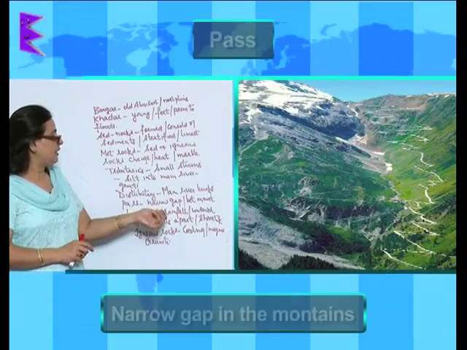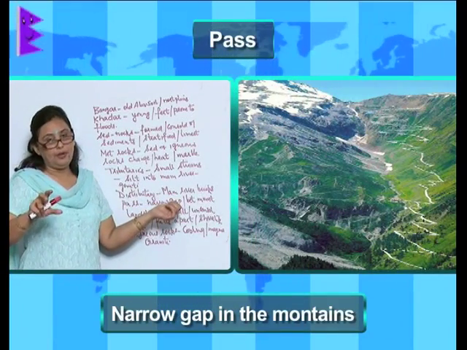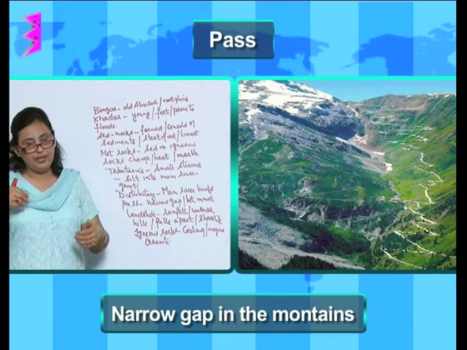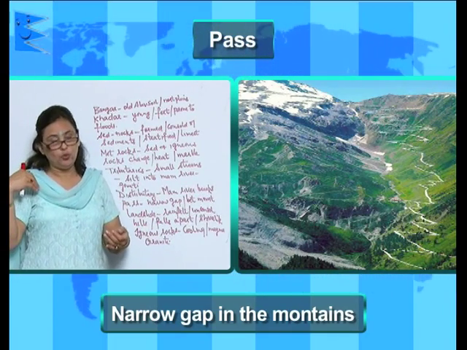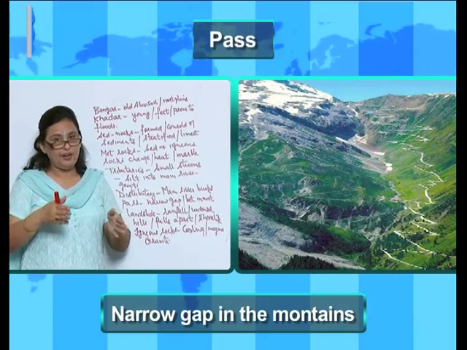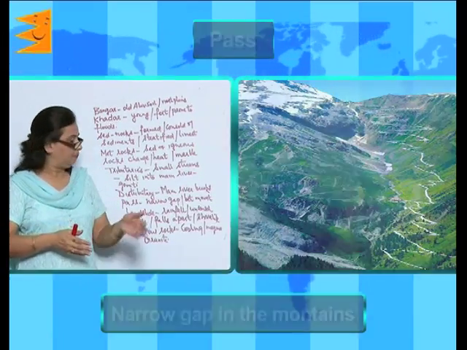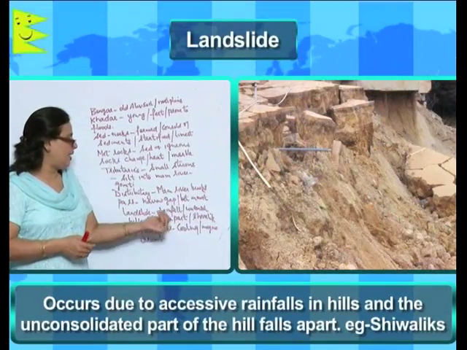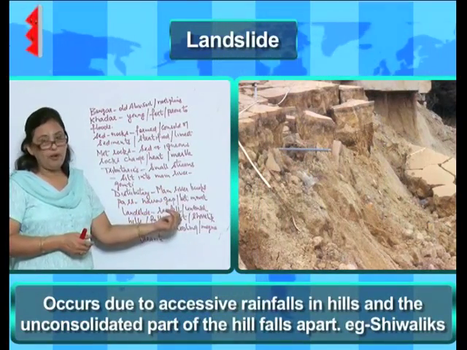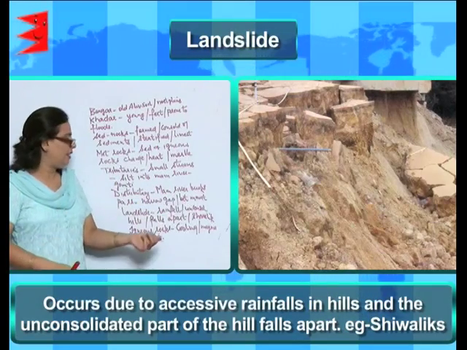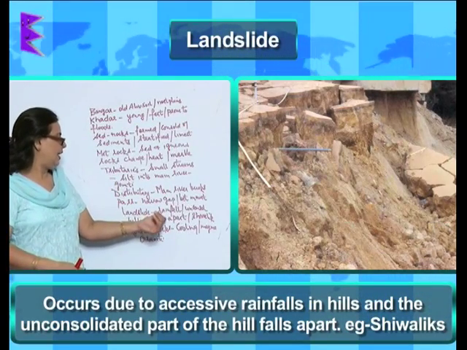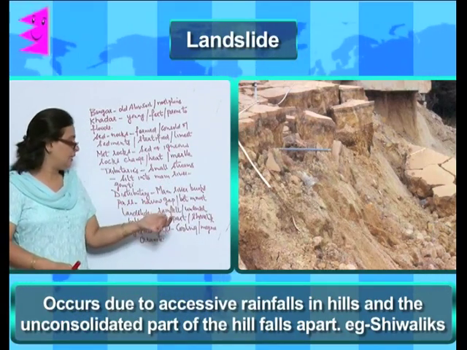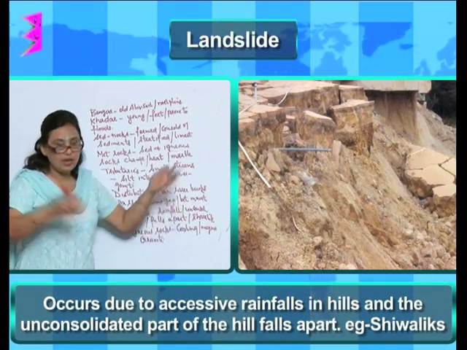Pass. Pass is a narrow gap in the mountains, generally used by invaders to penetrate or to cross the country. Next is the landslide. Landslide occurs due to rainfall, when there is excessive rainfall in the hilly regions and the unconsolidated part of the hills falls apart.